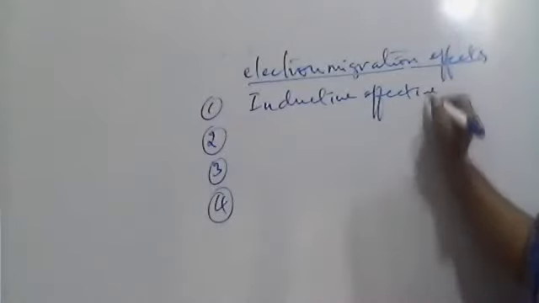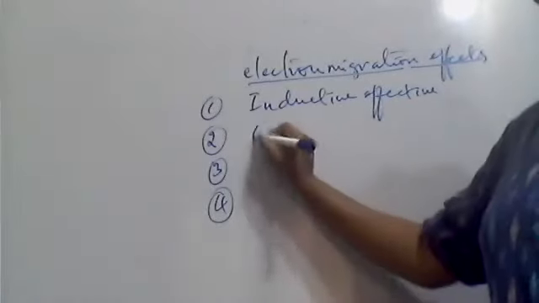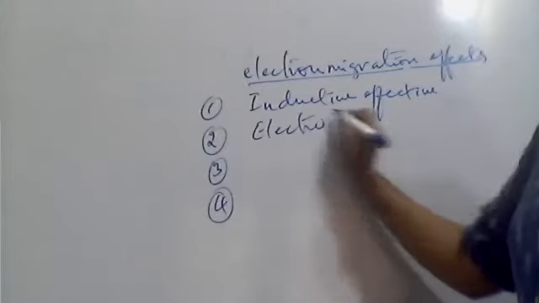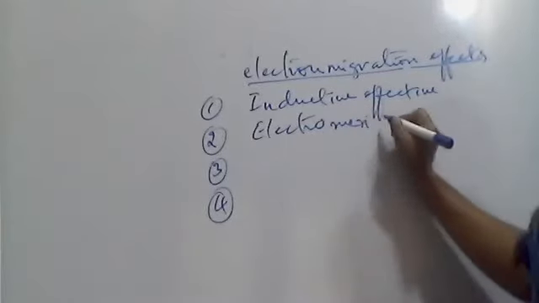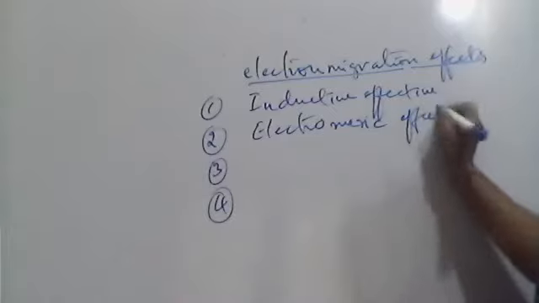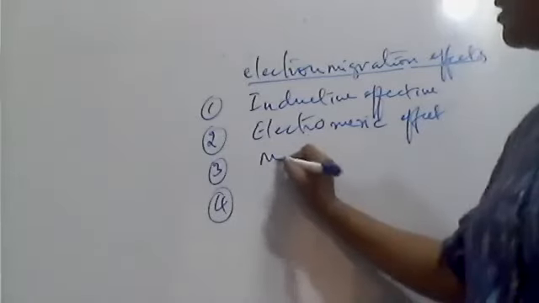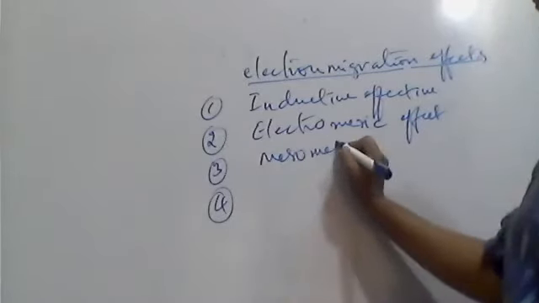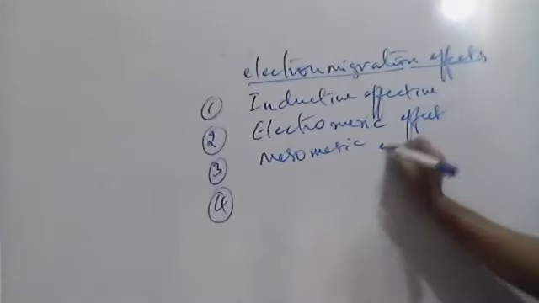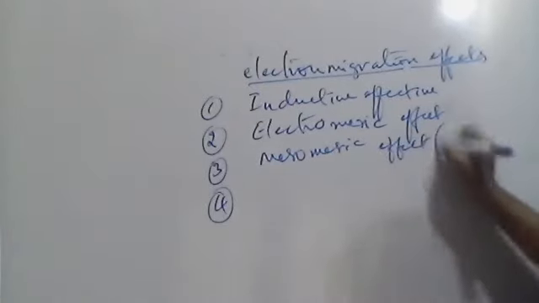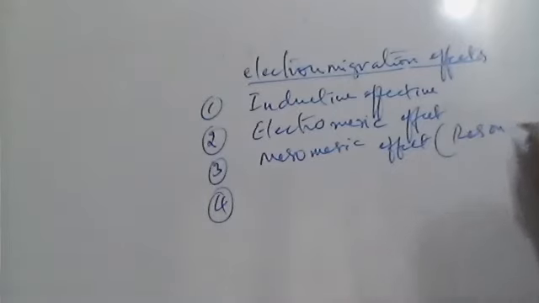Then the electromeric effect. The next is the mesomeric effect. It is also called the resonance effect, but there is a small difference in the resonance effect.